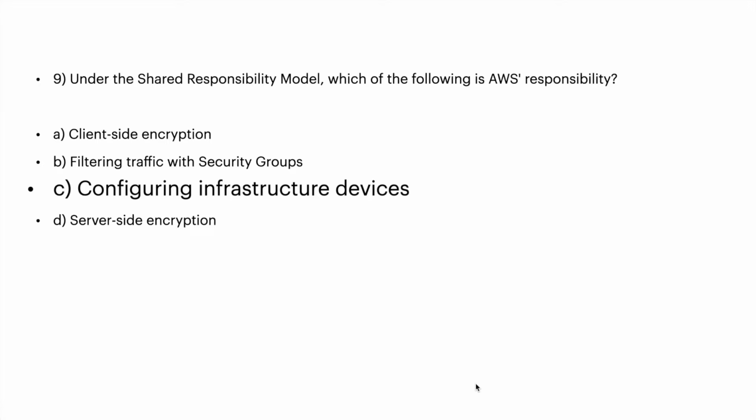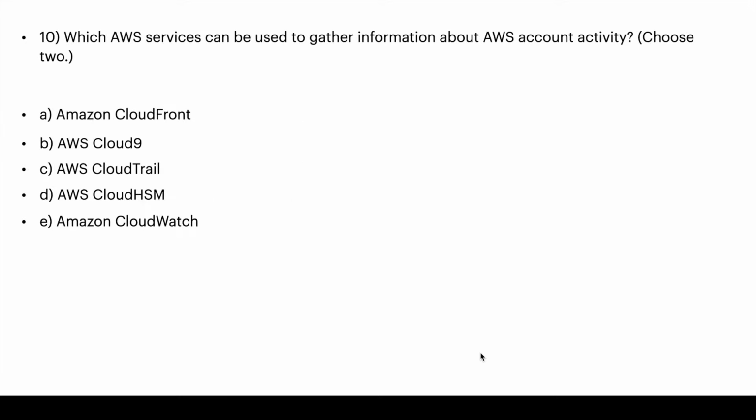The question says, which AWS service can be used to gather information about AWS account activity? Choose two. A. Amazon CloudFront. B. AWS Cloud9. C. AWS CloudTrail. D. AWS CloudHSM.